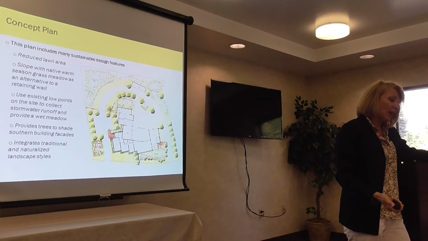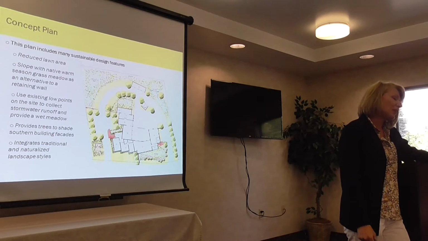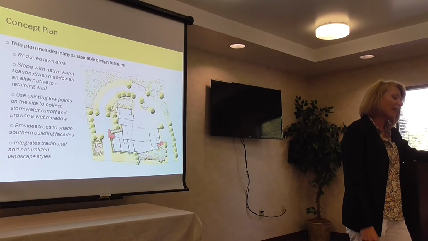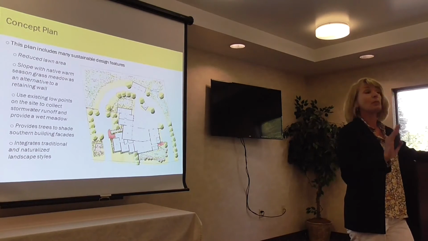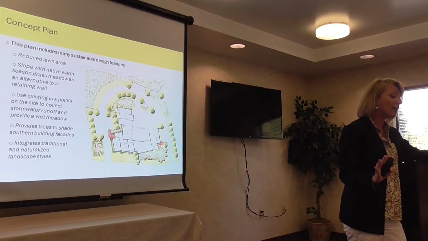Using meadows and slopes as an alternative to retaining walls. I've worked with a number of architects with that approach. A lot of times it's easy to just go in and say, in some cases you have to have a wall. There's no way around it, and I completely understand that.